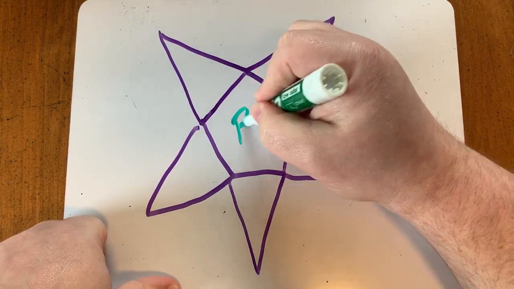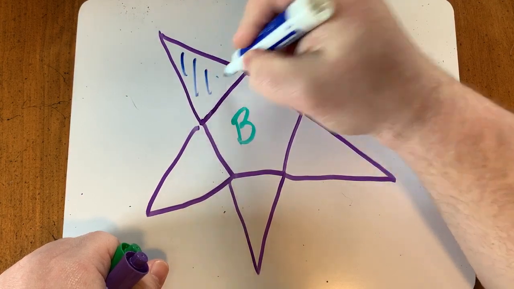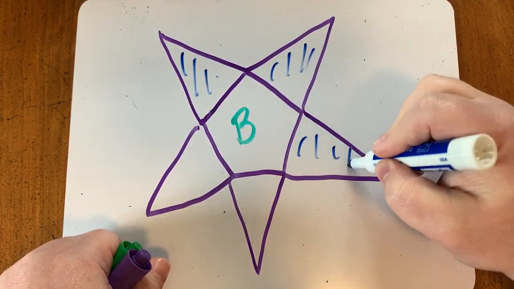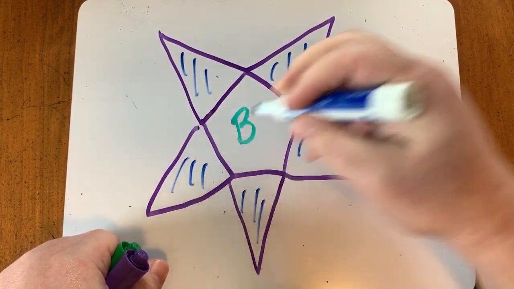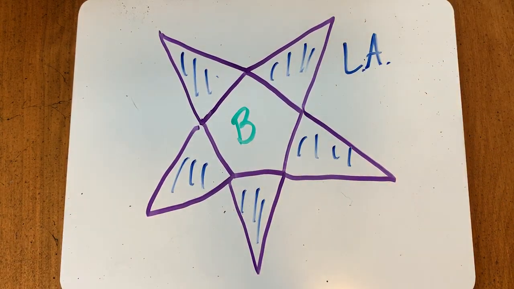And we have the base area, and the areas of the triangles. Those triangles are the lateral area. Just like we have the lateral area with the prisms. But there's a difference with the lateral area here.